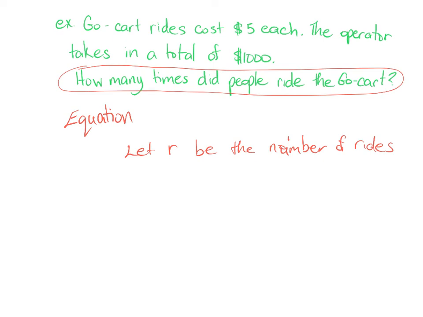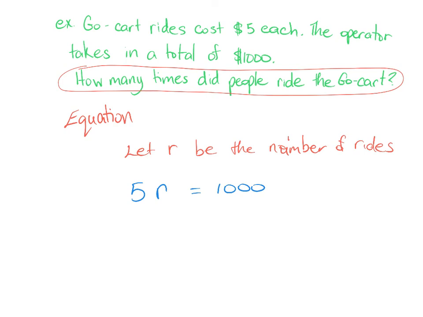We also know that each of those R rides costs $5. So if you take 5 and you multiply it by R, you get the total amount of money earned. And that is the equation that we're looking for. Now, we didn't talk about how to solve an equation yet, so for now, you could do guess and check, or if you already know how to solve this equation, by all means, go ahead and solve it.